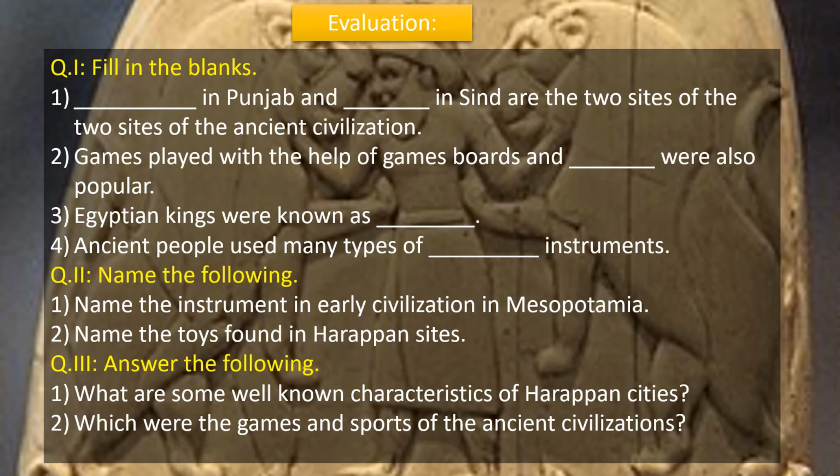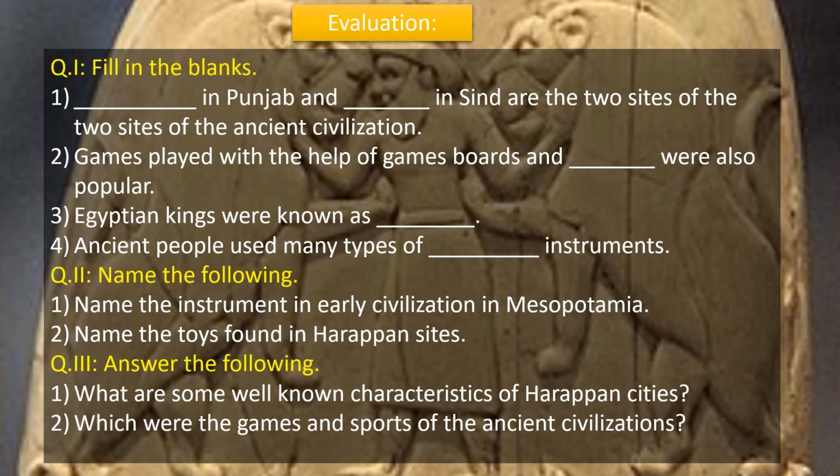Answer: gamesmen. Third, Egyptian kings were known as dash. Answer: Pharaoh. Fourth, ancient people used many types of dash instruments. Answer: musical. Name the following. Name the instruments in early civilization in Mesopotamia. Answer: cymbals, rattles, flutes and drums.